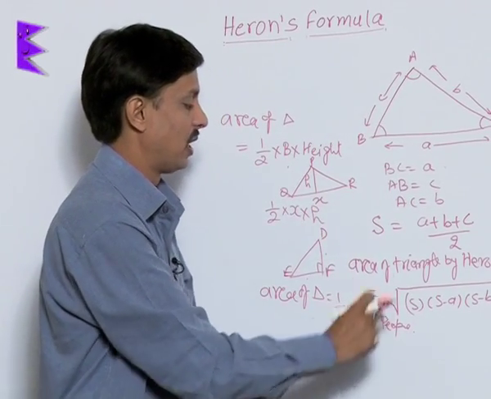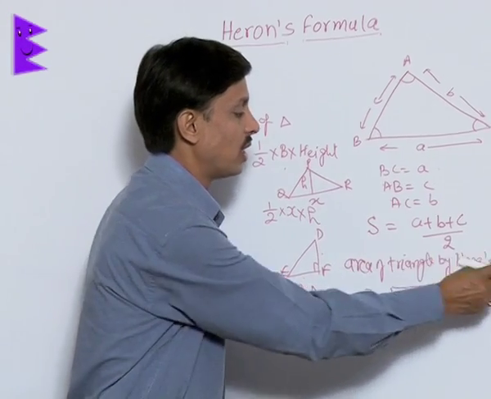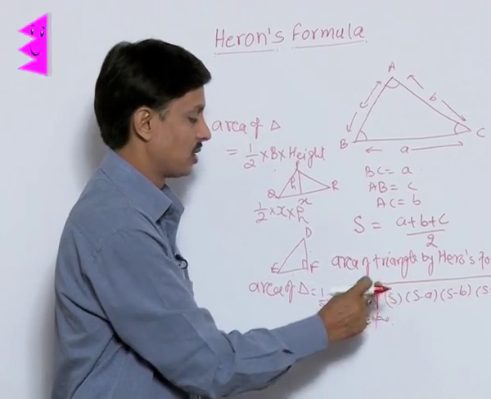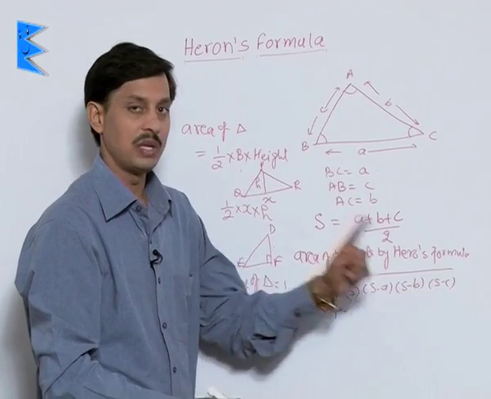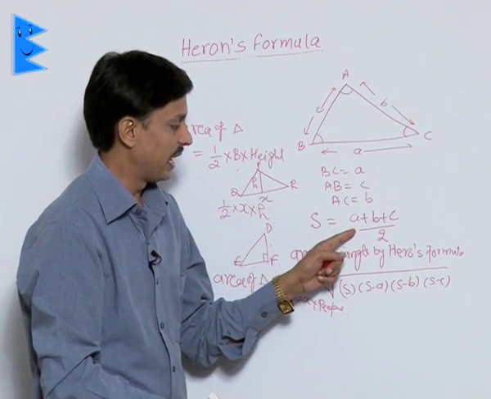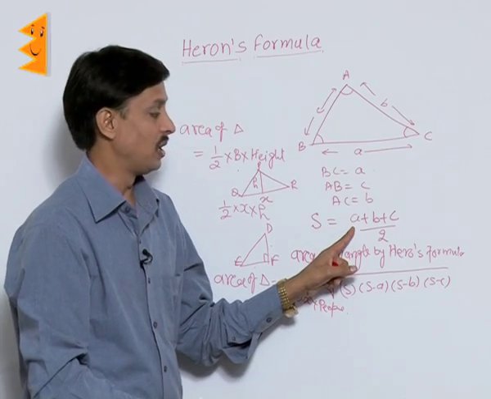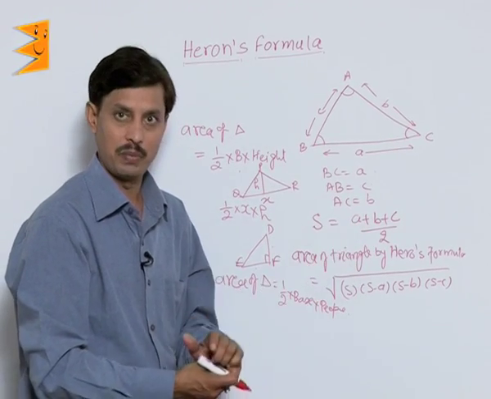And if we use Heron's formula, it is given by root of s into s minus a, s minus b, s minus c, where s is the semi-perimeter, that is half of the perimeter.